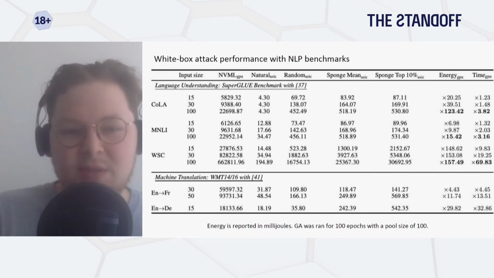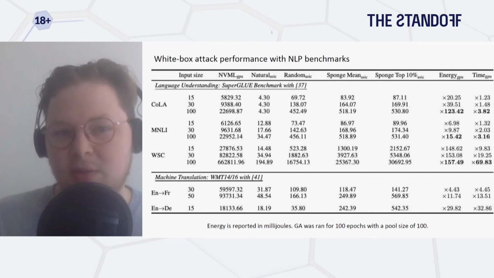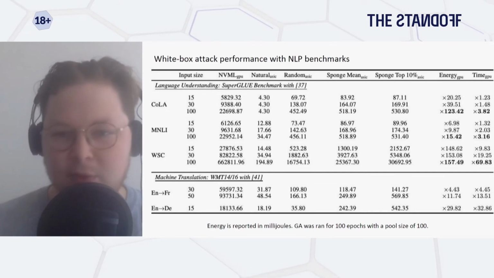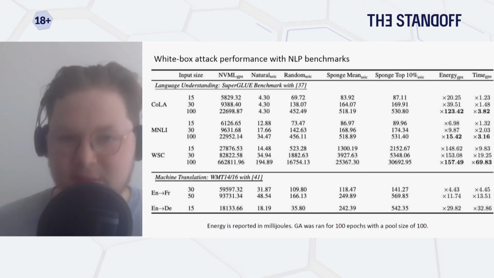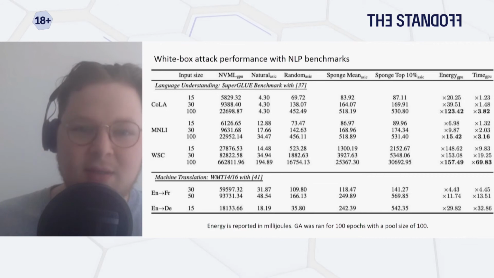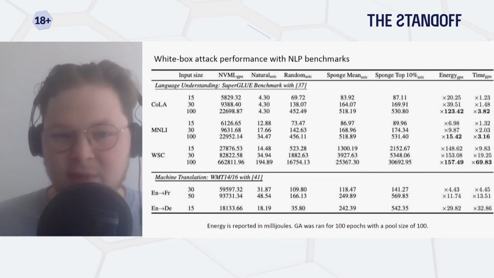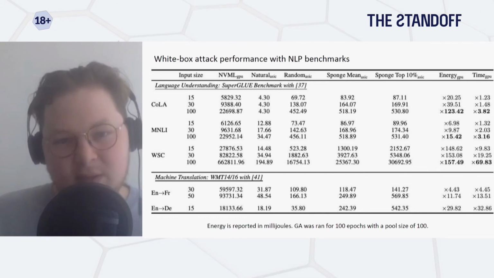But in practice, this shows that on all of the benchmarks we considered, we ended up causing massive disruption, both in terms of energy and time. And those are very, very significant numbers. It's really surprising how easy it is to actually disrupt NLP models with the availability and basically latency and energy attackers.